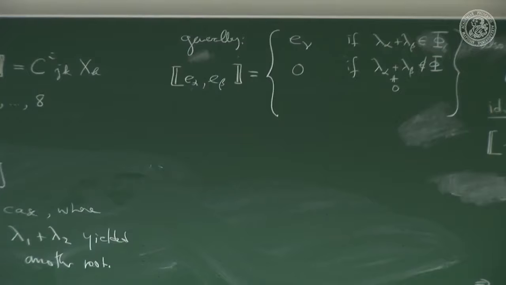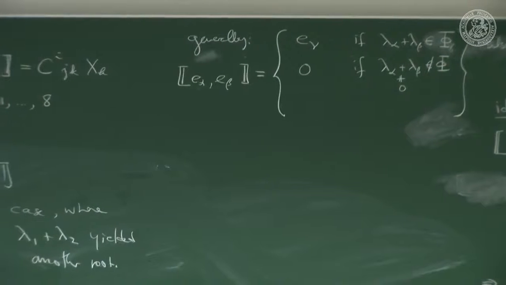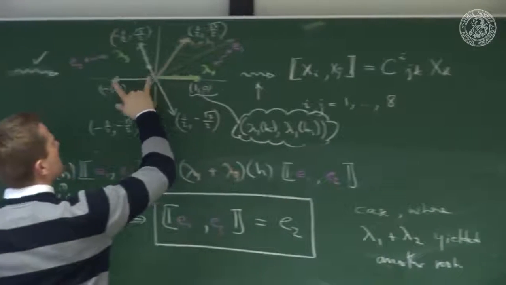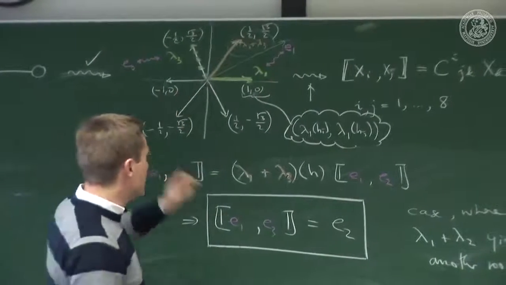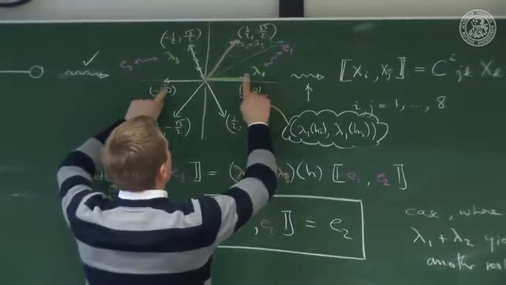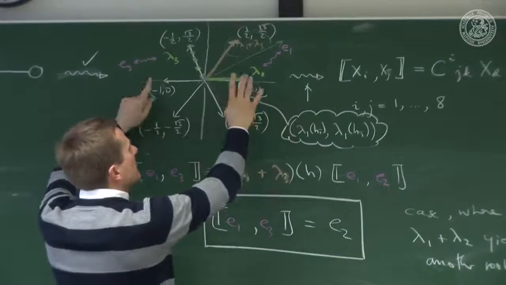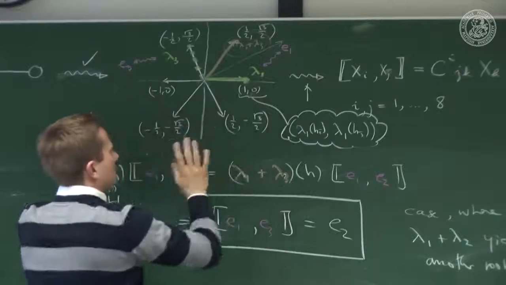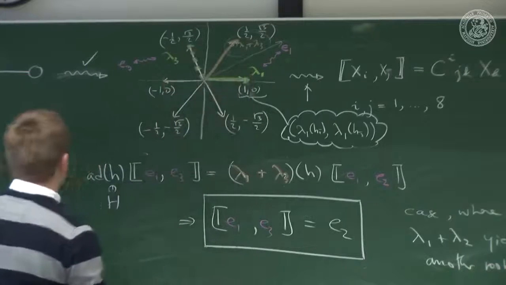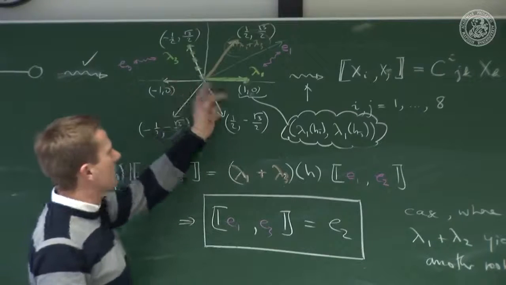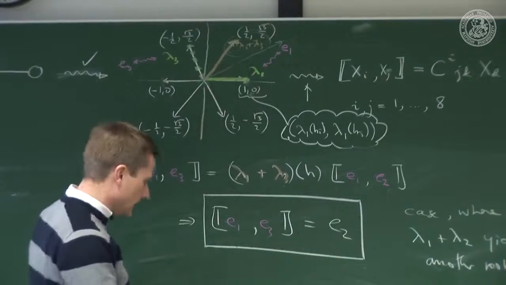But then there's a third case, that is, you take, for instance, this root and you take that root. So you take these opposite roots, but of course the corresponding eigenvectors are not linearly dependent. They are E1 and E4, you know, they're linearly independent. The roots are not, but the corresponding eigenvectors are.